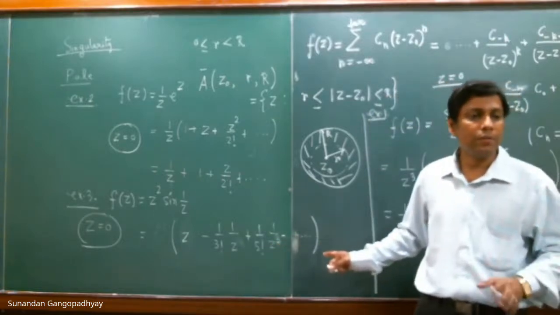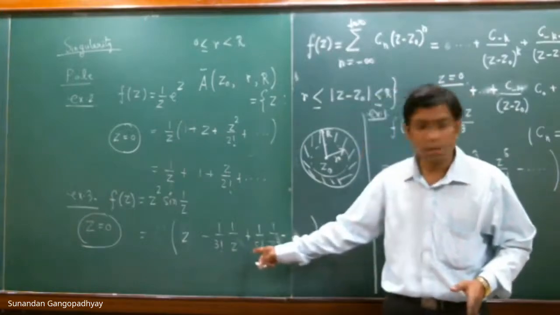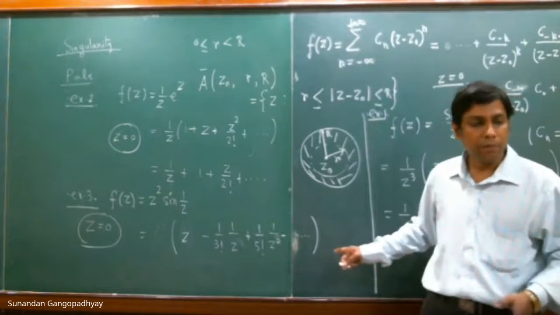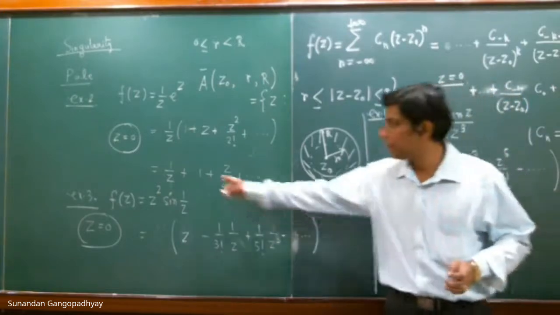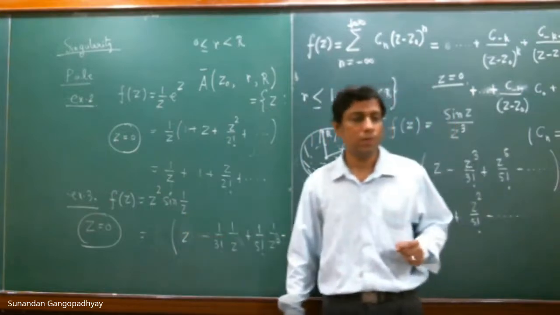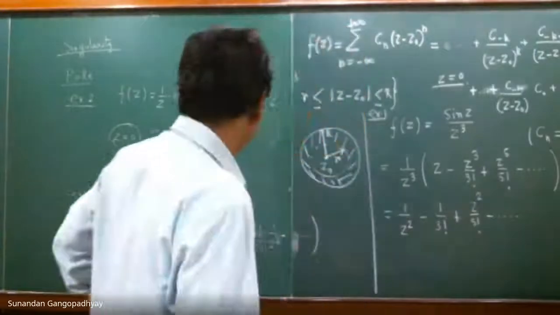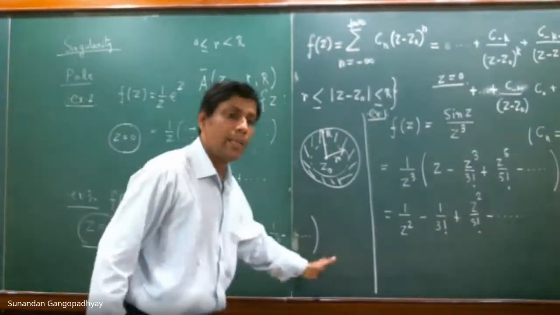None of the coefficients vanish. Obviously the 1 by z squared term is not there, but it keeps on going on the negative side. And therefore this is an essential singularity of the function z squared sine 1 by z at z is equal to 0. If you look at the definition of essential singularity, then you can classify this particular singularity in the essential category.